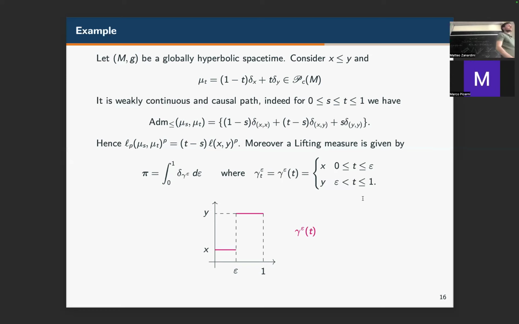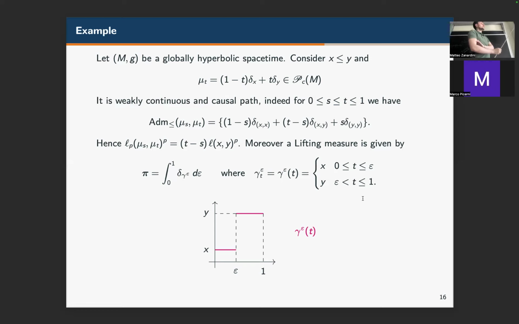It's just a singleton. You can solve a linear system, for instance, and you get precisely a combination of Dirac deltas computed on couples, where the couples are always in the order, because x to y was an assumption, and xx and yy are in the order because of reflexivity.